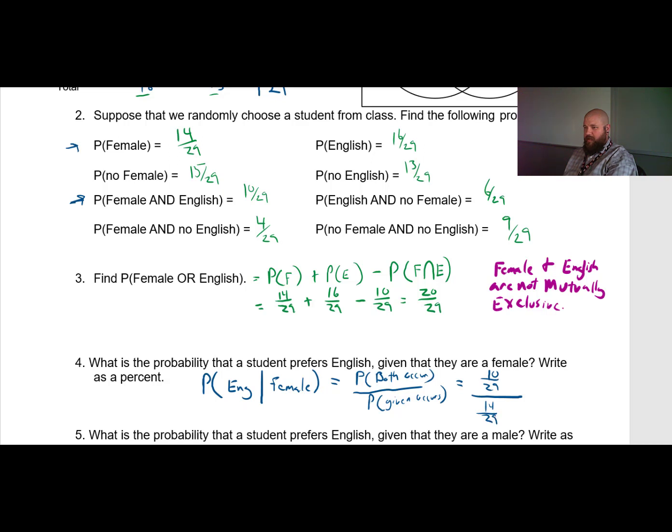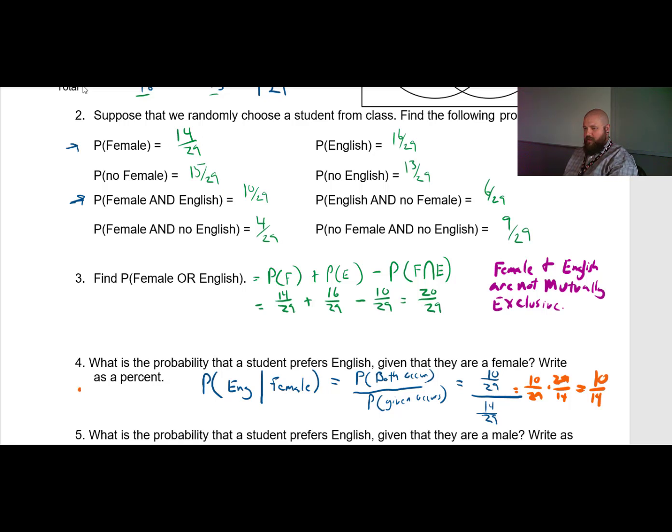Now, hopefully you guys remember that this is easily done for a fraction divided by a fraction. It's the same thing as multiplying it by the reciprocal. So we're going to take 10 over 29 times 29 over 14. So these 29s will go away and we're left with 10 over 14. Okay?